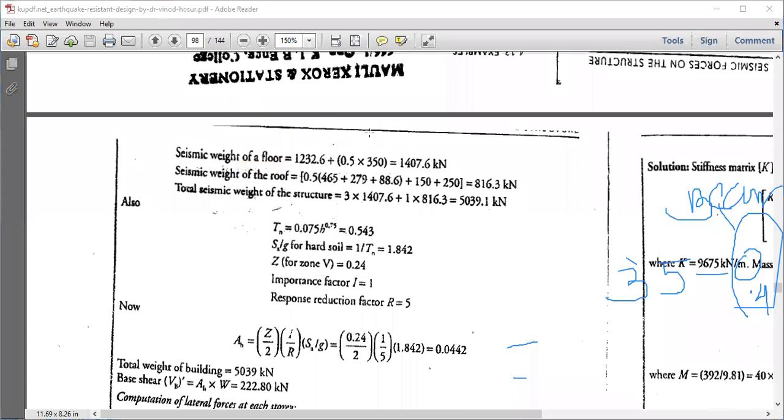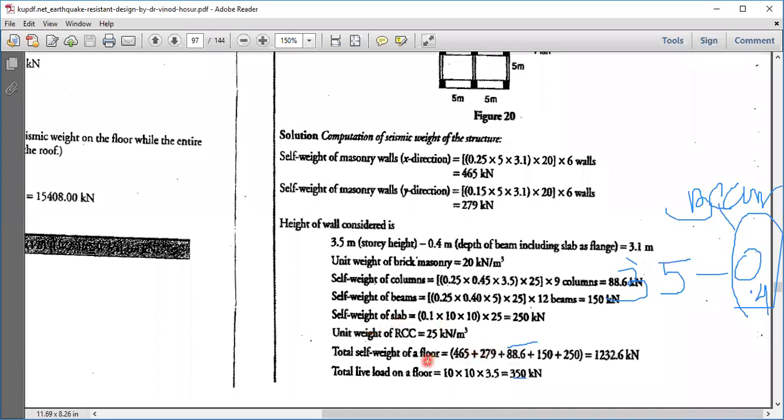When we are dealing with the roof, I will consider only the beams and 50% of the columns and the slab. I will not be considering the other details.